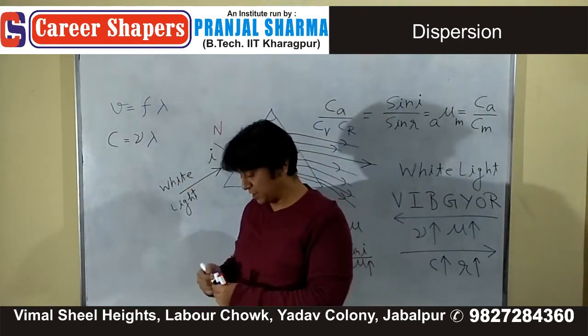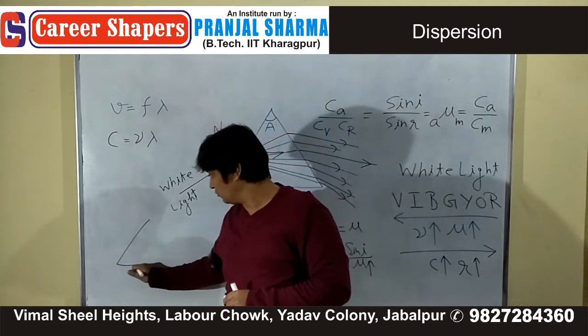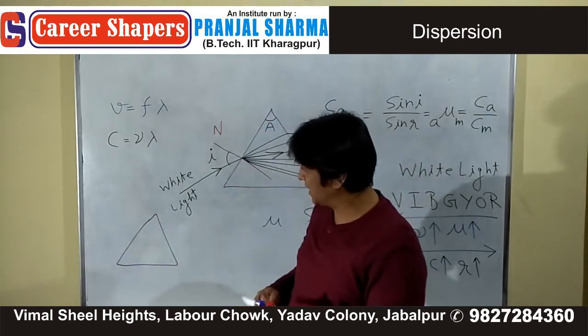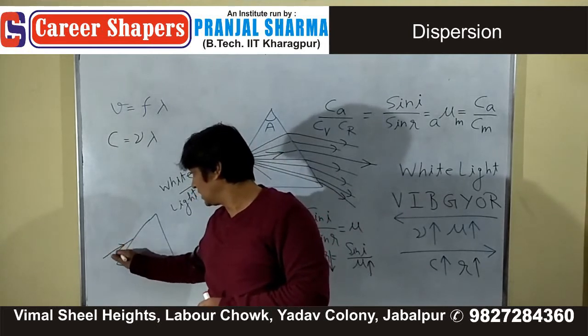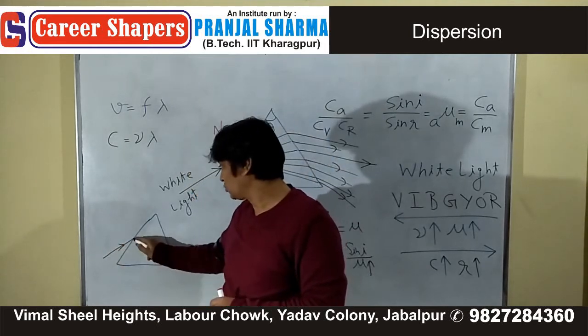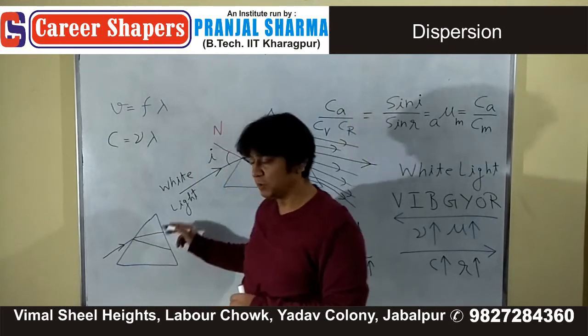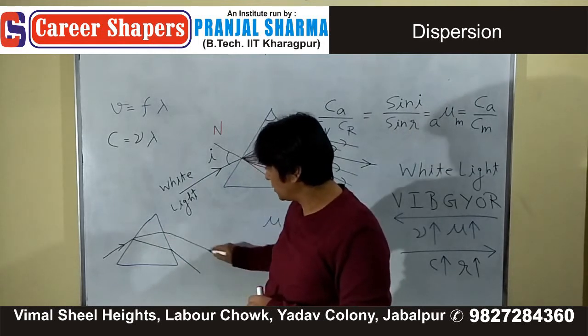If I draw a prism, and let's only take violet and red, then as this white light enters, let's only show 2 colors. All the other colors will be in between. It emerges out like this.